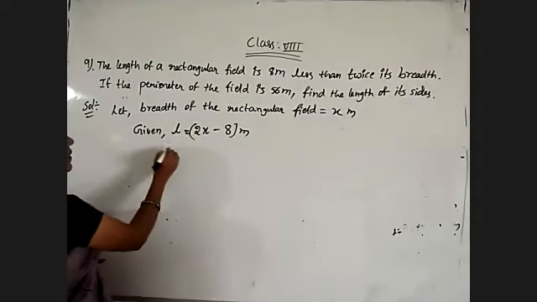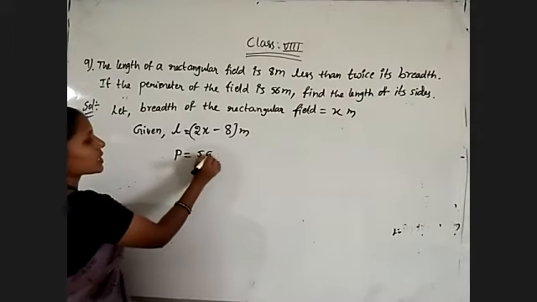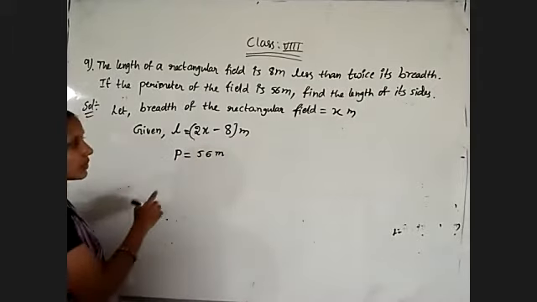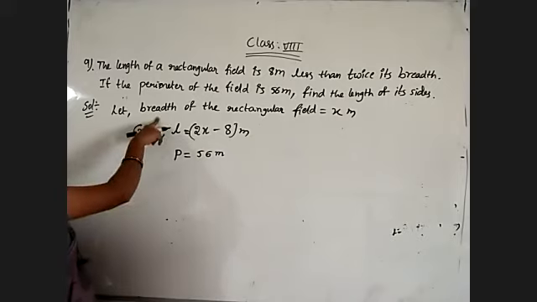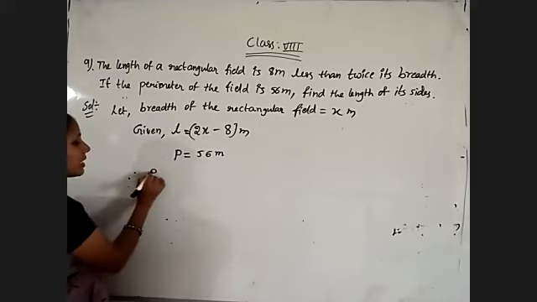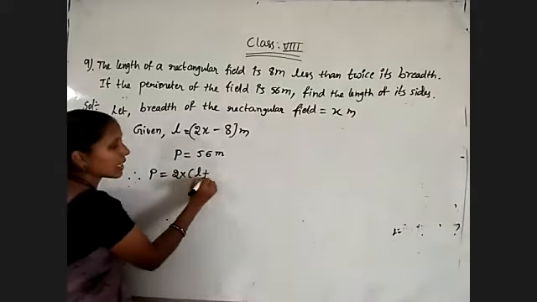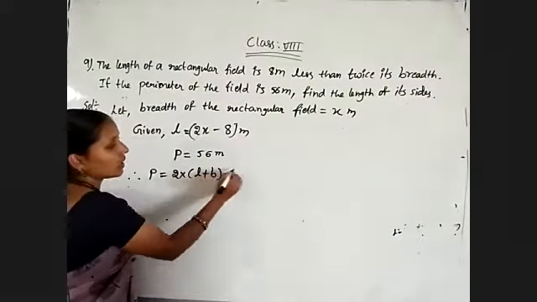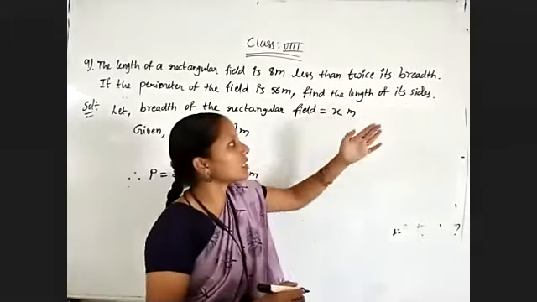Now also given that the perimeter of the field P is equal to 56 meters. These two values are given in the question and I have chosen breadth as x meters. Now we have the formula: perimeter of the rectangular field is equal to 2 into (L plus B), equal to 56 meters. Observe the question: find the length of its sides.